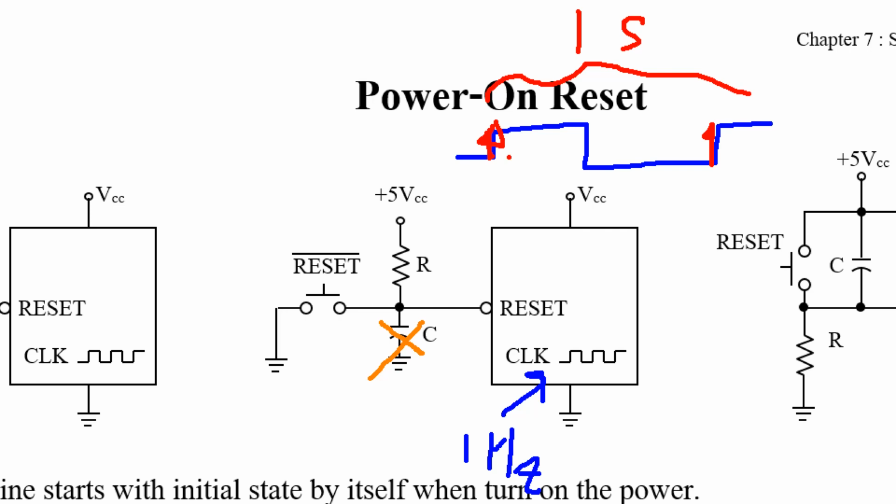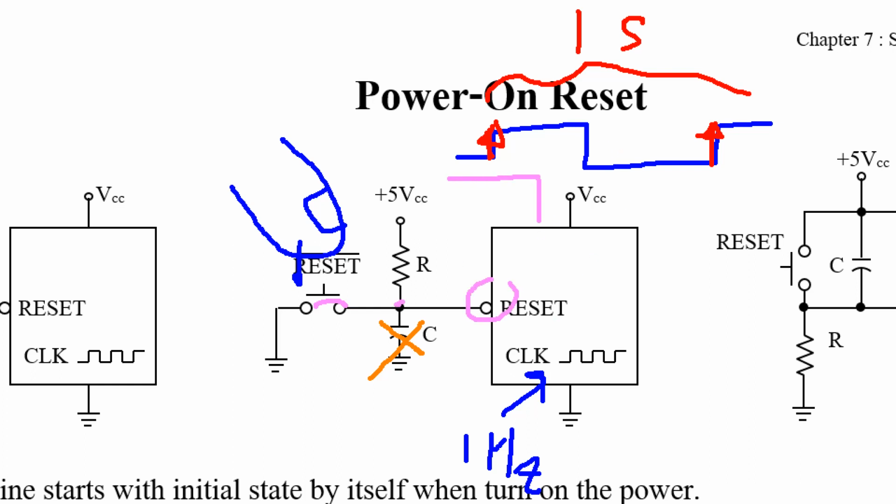When the clock ticks, wait for 1 second for the next clock tick. If the user presses this button at this period and this point becomes 0, that means you want to reset.